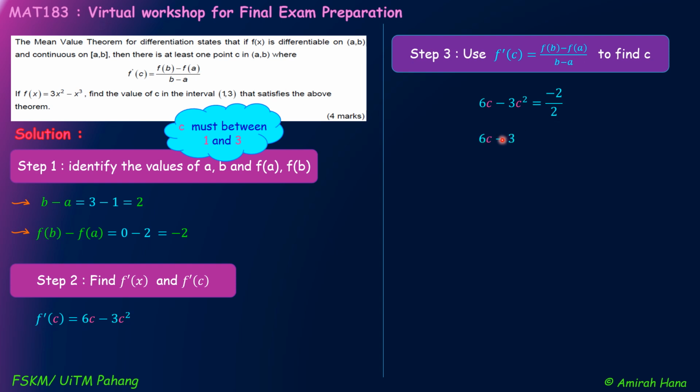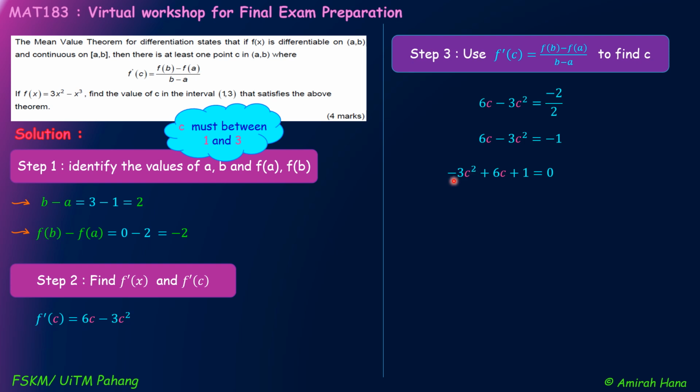After that, we get 6c minus 3c squared equals negative 1. Then we rearrange this equation, so we get negative 3c squared plus 6c plus 1 equals 0. This is a quadratic equation. Then we can make the coefficient of c squared positive.